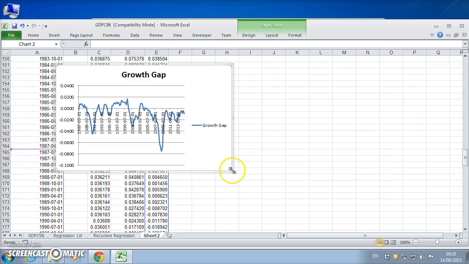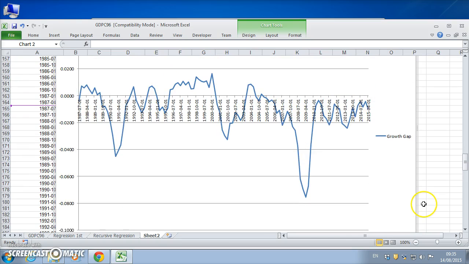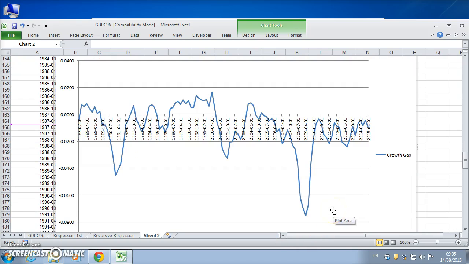Let's have a look at this growth gap. Let's see what we can observe. Well, what we observe, I guess, is the major fall here in terms of growth comes in 2007, 2008, and we haven't got back to historic trend.